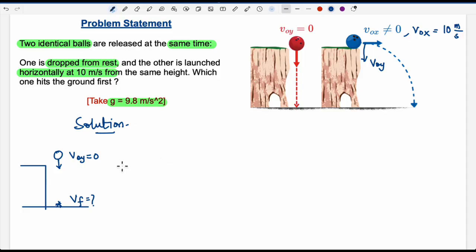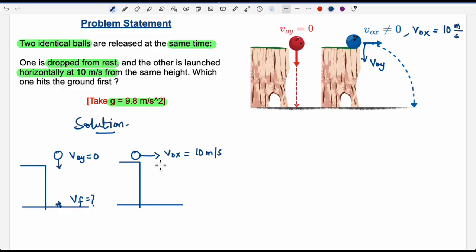The second ball, however, from the same height, is given an initial horizontal speed. So in this case, we have the second ball given some initial speed horizontally, and that speed is 10 meters per second.